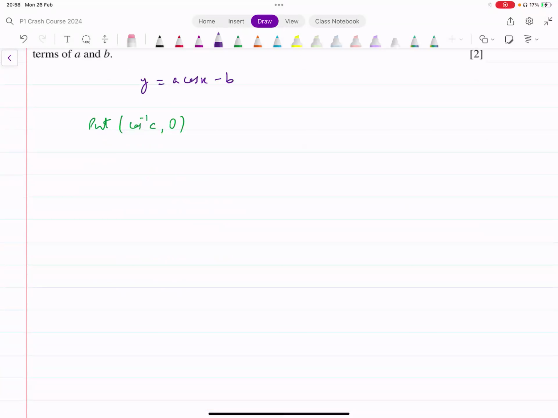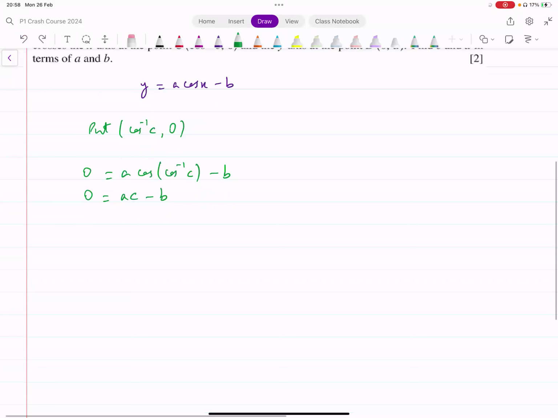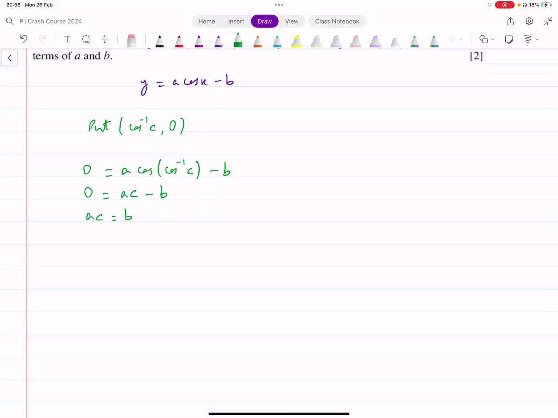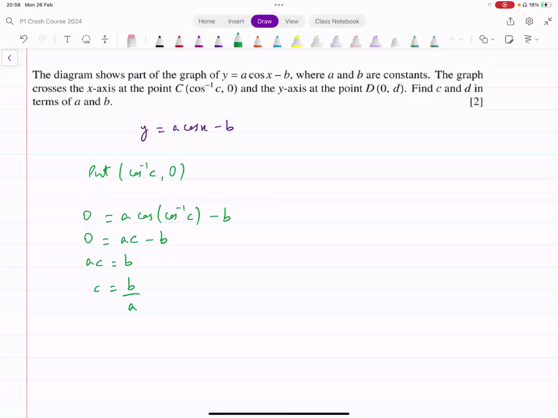So in place of y, put 0, and in place of x, put cos inverse of C. So you get 0 equals a cos of cos inverse of C minus B. Now, cos and cos inverse are inverse functions of each other, so they cancel each other's effect, and you're just left with 0 equals A times C minus B. What you want is to find C and D in terms of A and B. So you can say AC equals B, and C turns out to be B over A. That's one value that you were looking for, the value for C.